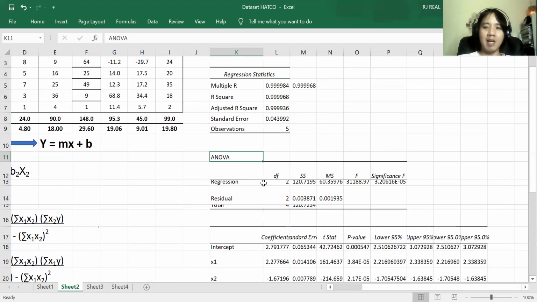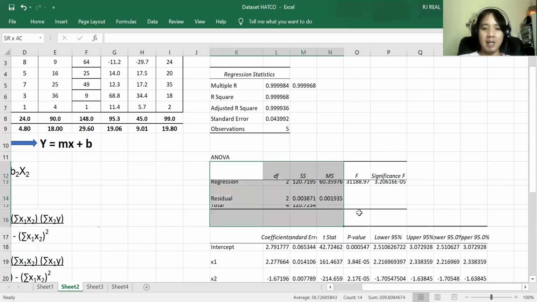Now, the only difference in terms of analysis of variance in regression analysis is that instead of using n minus 1 as the degrees of freedom, we use n minus k. Alright?